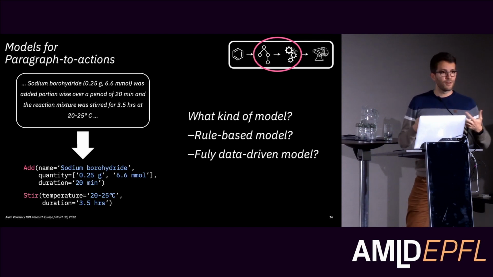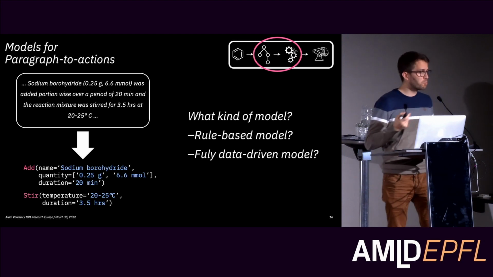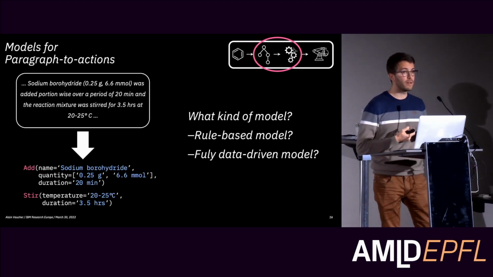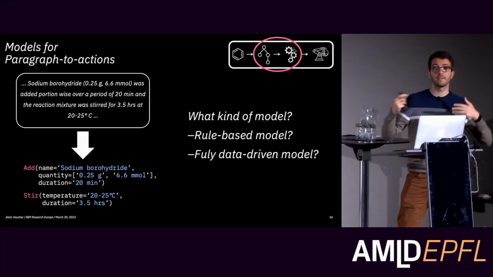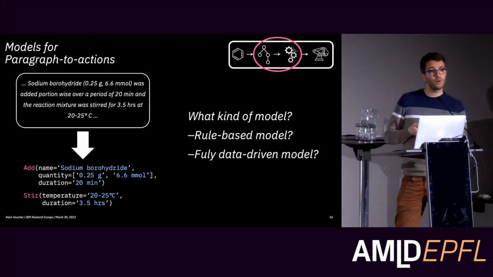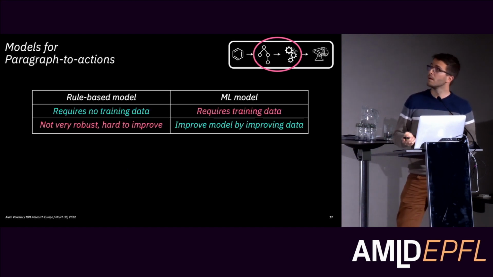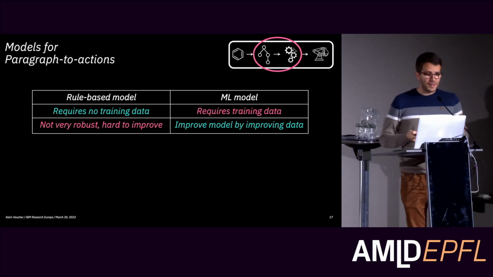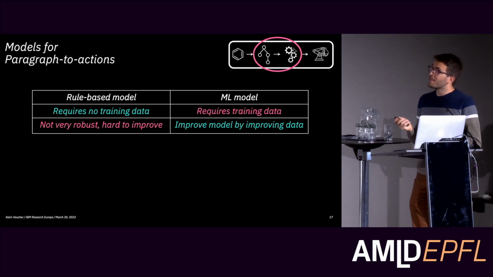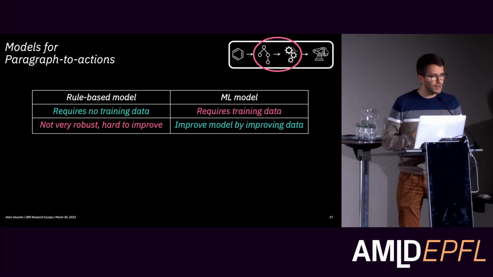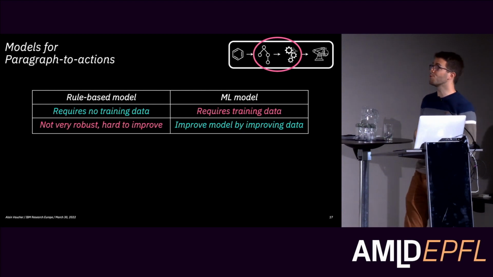To do it with computers, we have potentially two approaches. We can use a rule-based model, which will follow a set of rules to get those actions, or we can rely on a fully data-driven machine learning model. If we look at the rule-based model, the advantage is that it requires no training data at all, but then it is usually not very robust and it is hard to improve.